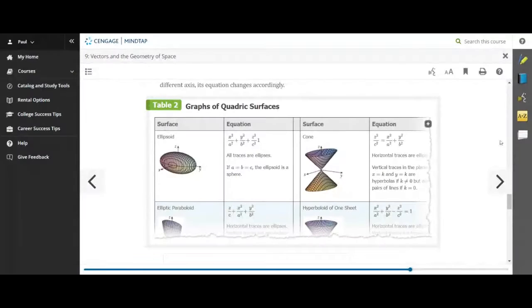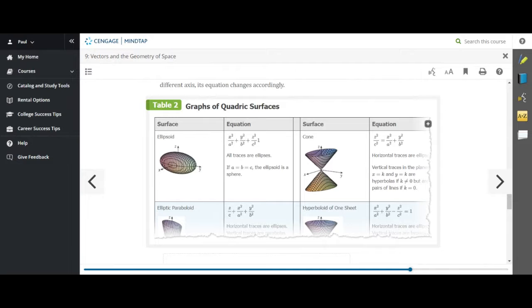These are traditional surfaces that are used in multivariable calculus, like a cone. That's the cone surface, and it fits the form z squared over c squared equals x squared over a squared plus y squared over b squared.